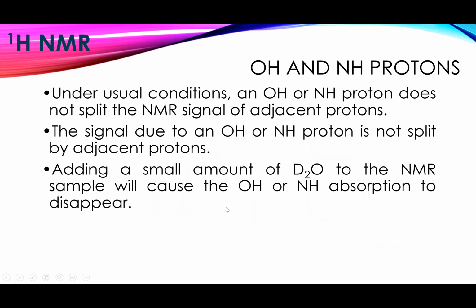Adding a small amount of D2O, so deuterium oxide. Deuterium is 2H, so it's a heavy form of hydrogen. It has an extra neutron. Adding it to the NMR sample will cause the OH or NH absorption to disappear entirely. Oh, sorry, I thought I heard a question.